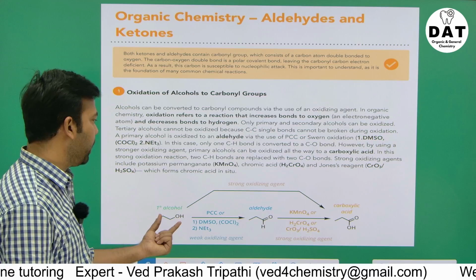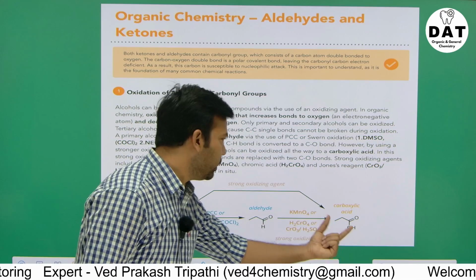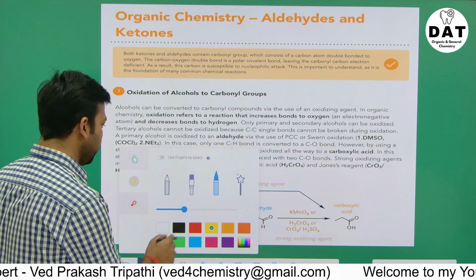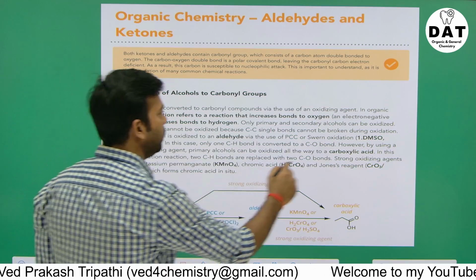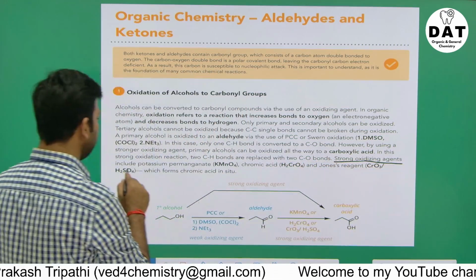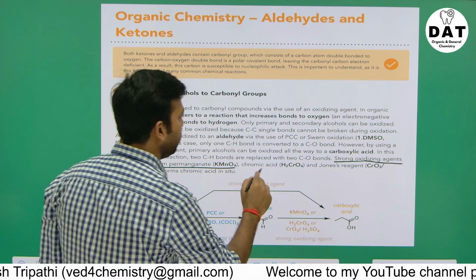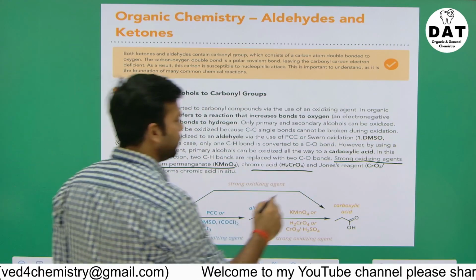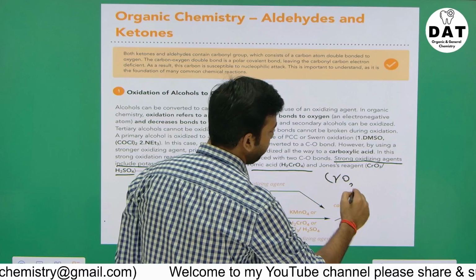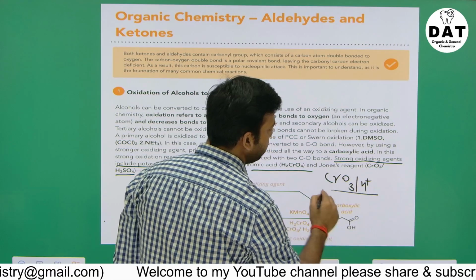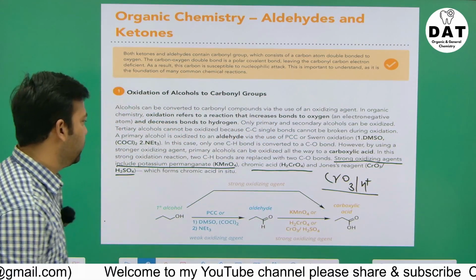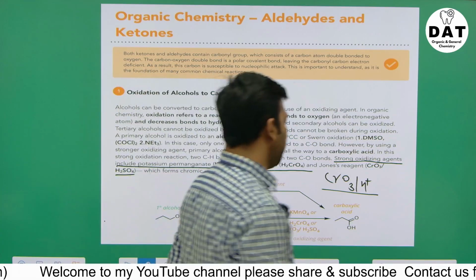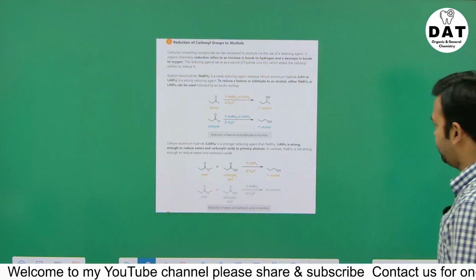So you can see primary alcohol goes directly to acid with a strong oxidizing agent, and strong oxidizing agents include KMnO4, chromic acid, and Jones reagent, CrO3 with H plus. Clear? This is called Jones reagent, which forms chromic acid in situ. So this is about the oxidation one.